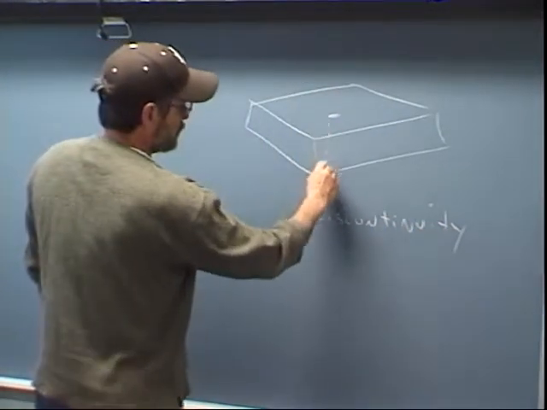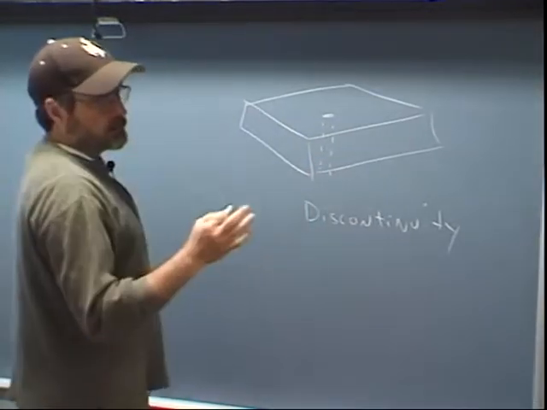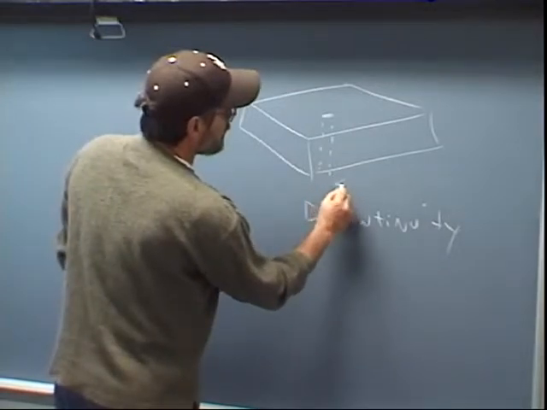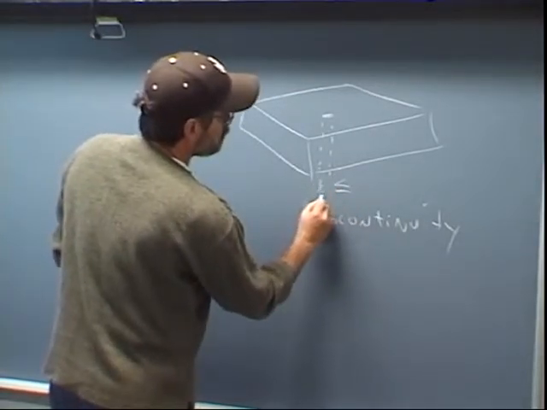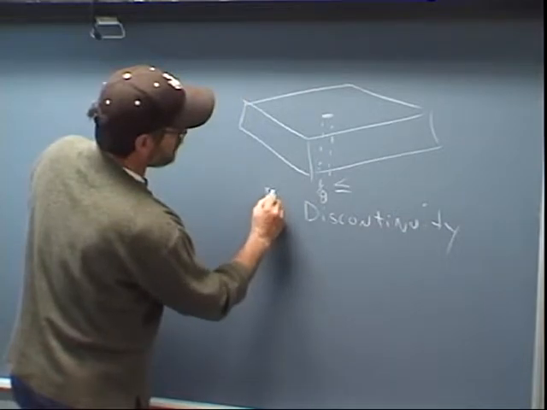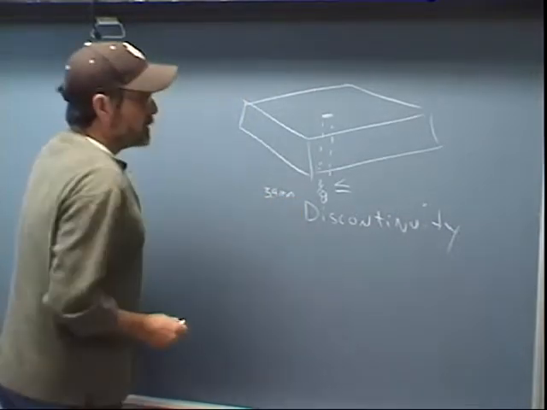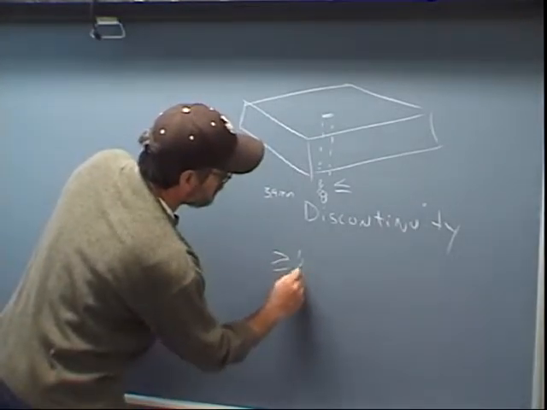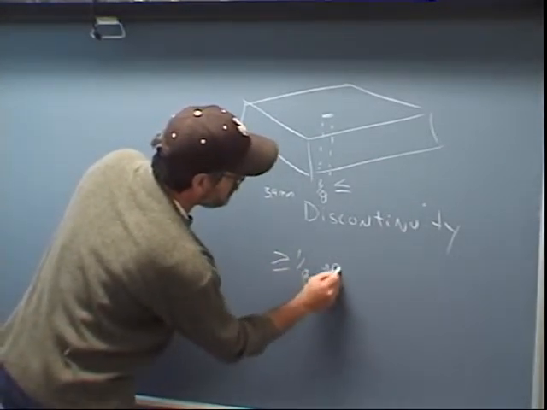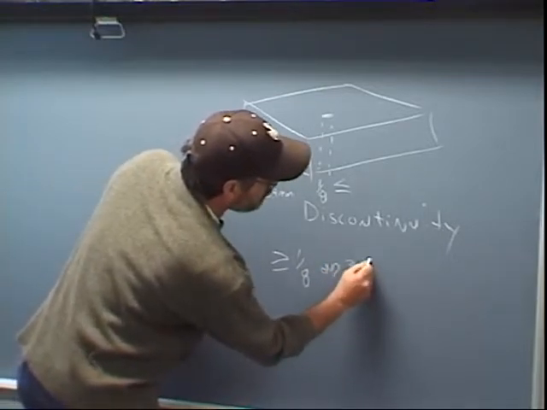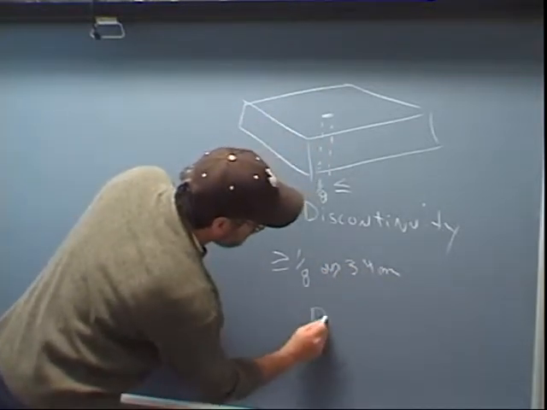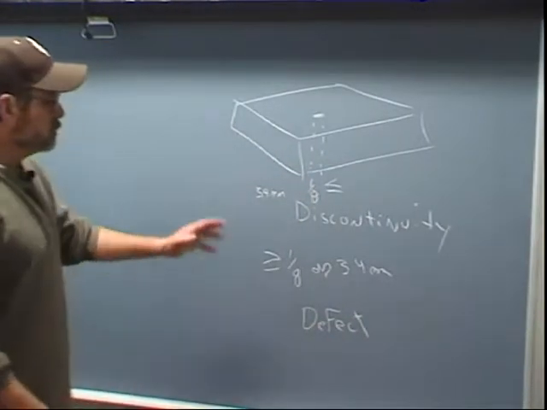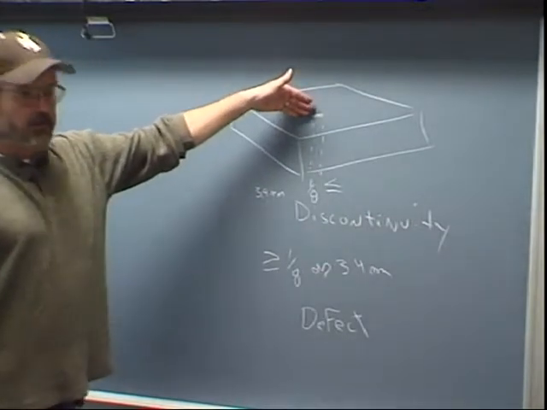Now, if that discontinuity is measured against some code or standard, and we find that it is less than or equal to 1/8 of an inch or 3.4 millimeters, it may be acceptable. If, however, it is greater than 1/8 of an inch or 3.4 millimeters, then it becomes a defect. So it's all dependent on the size of the discontinuity.